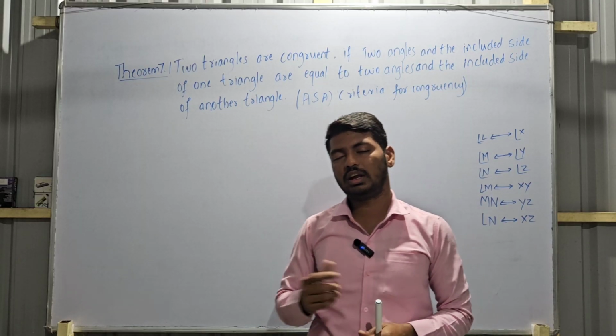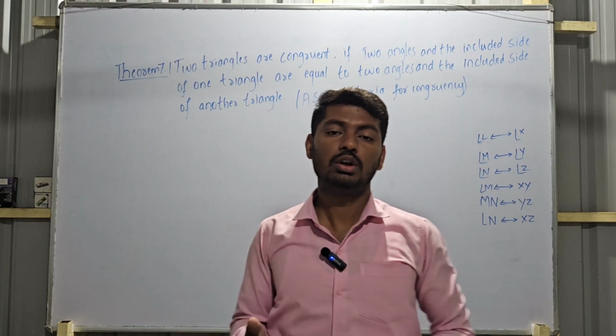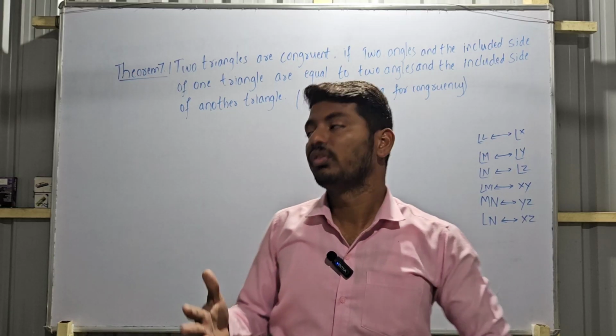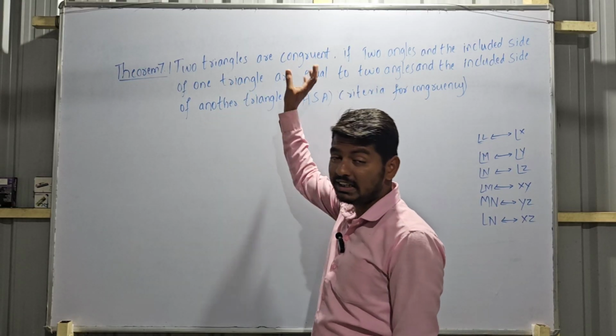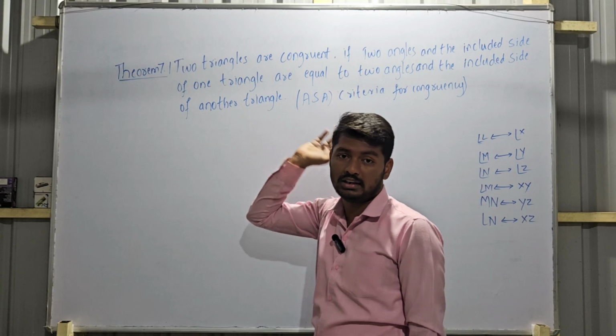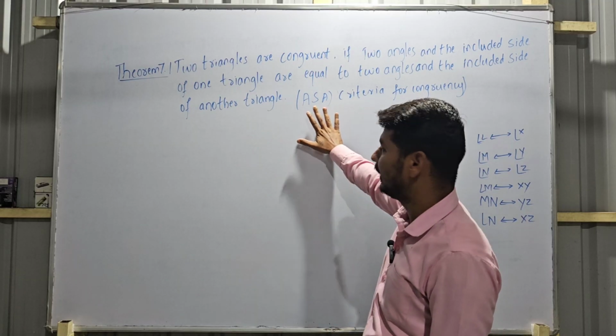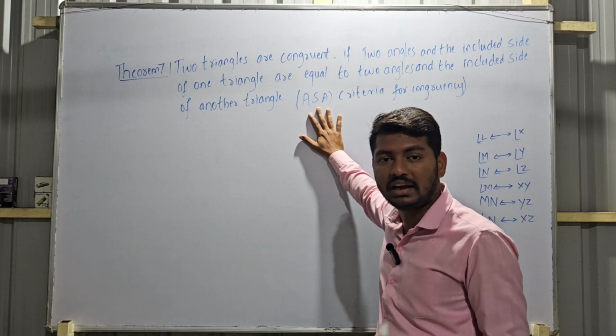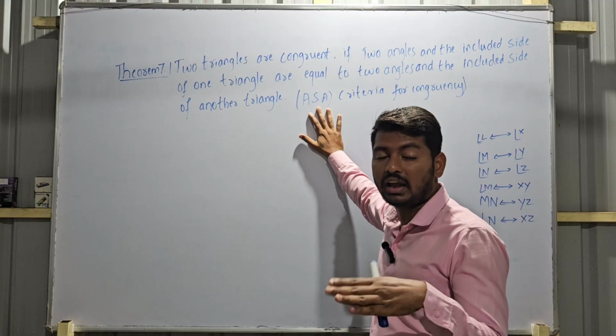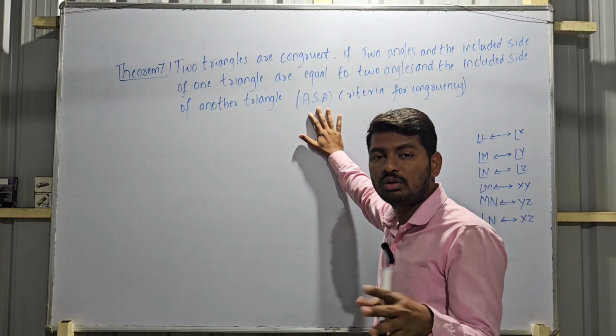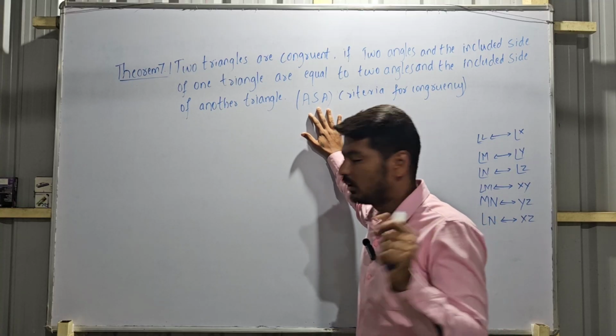There we took two triangles in which two sides are equal and the included angle is equal. Here we need to take two angles that must be equal, and the included side, the arm which is common to both the angles, must be equal.